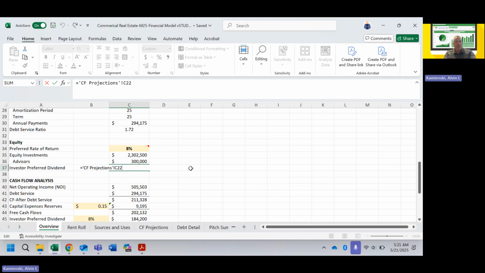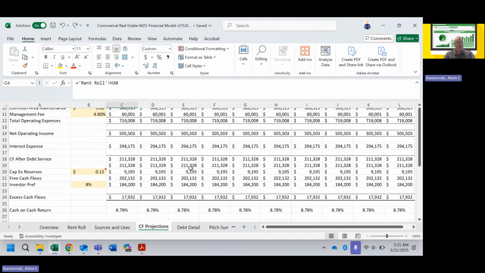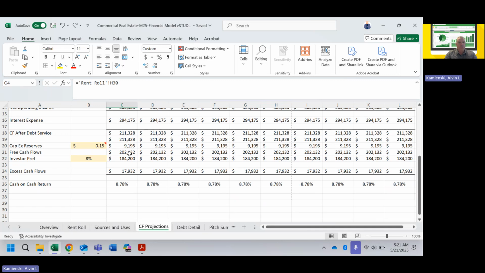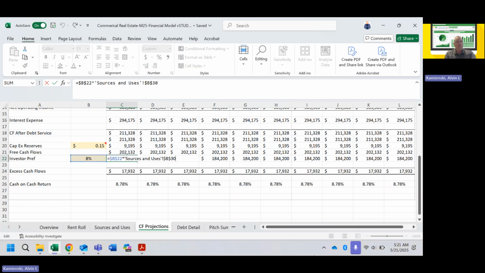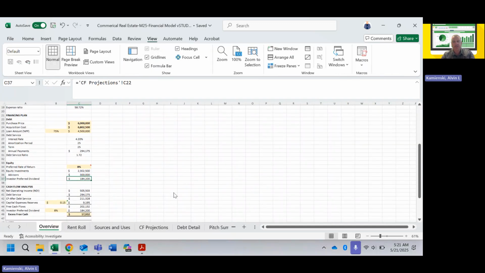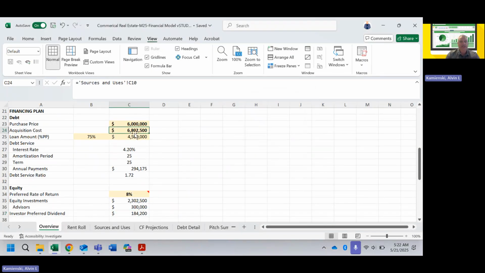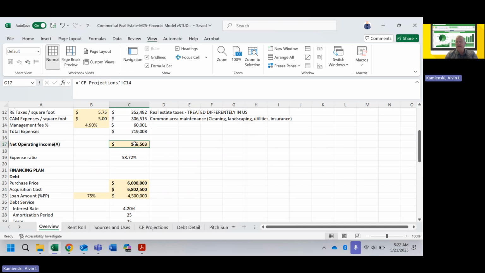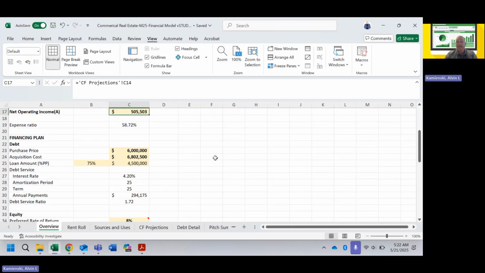But in total, off of cash flows C22 over here, all of my investors are going to get an 8% dividend payout, which means while I had $505,000 to work with, I had $505,000 left over after making sure the building ran.